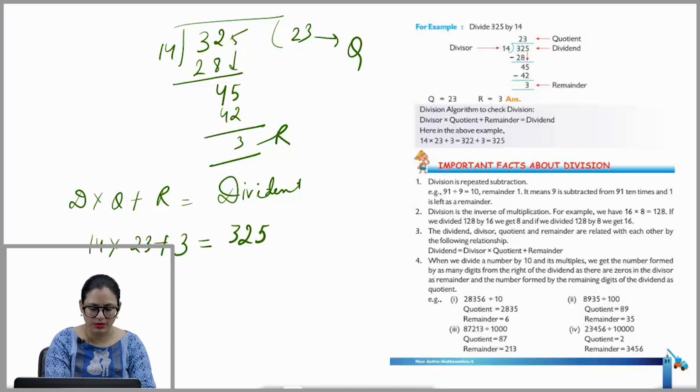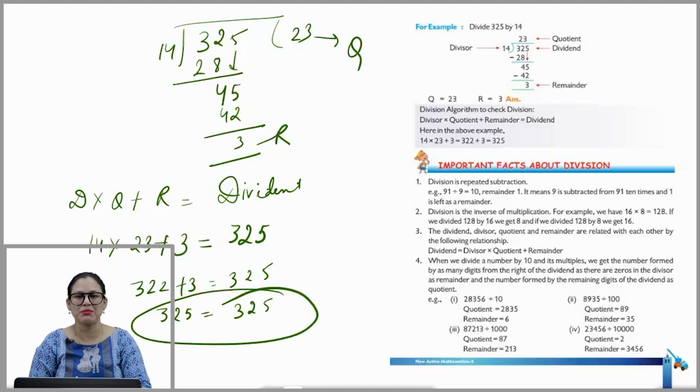When you multiply these two numbers, we will get 322 plus 3, okay. Now, add 3 to 322, 325, okay. So, both the sides are equal, LHS is equals to RHS, that means your answer is correct, okay.